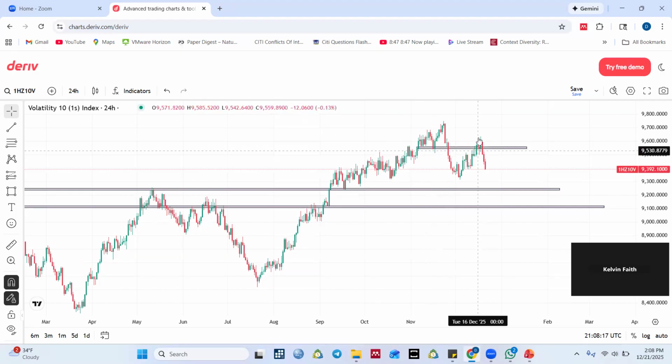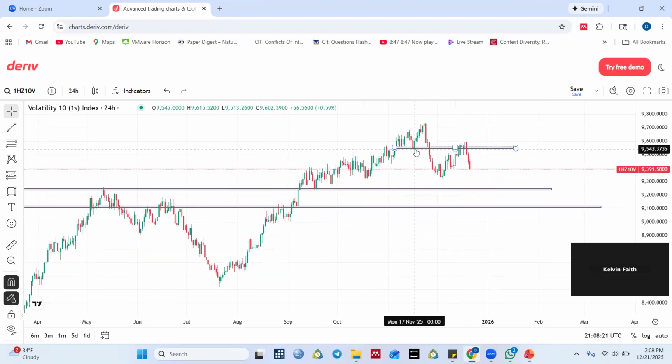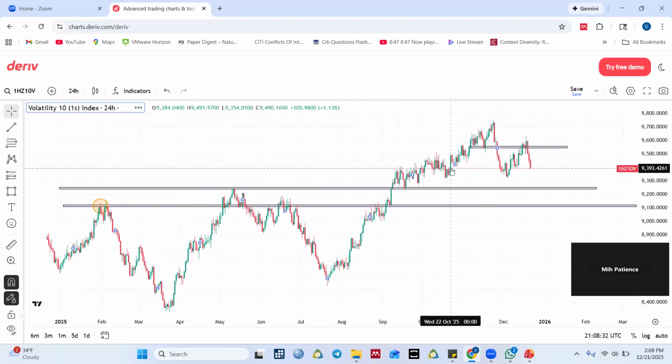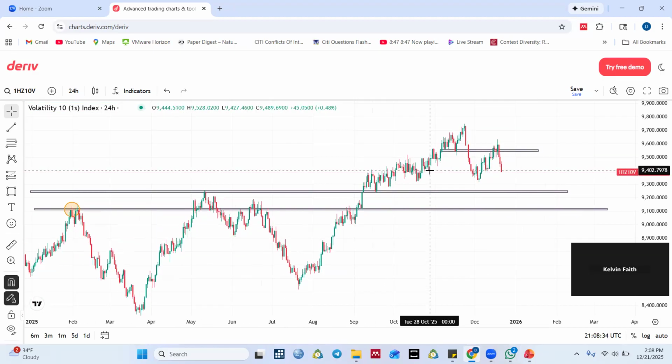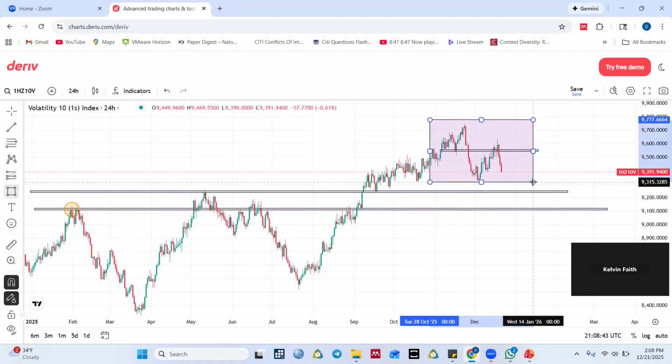But we can call what is happening here a break of what structure if we are seeing this low as the important reference low. So why do we call it internal PSR when it is on the same time frame? I'm calling this internal because this is mostly at the early stage.